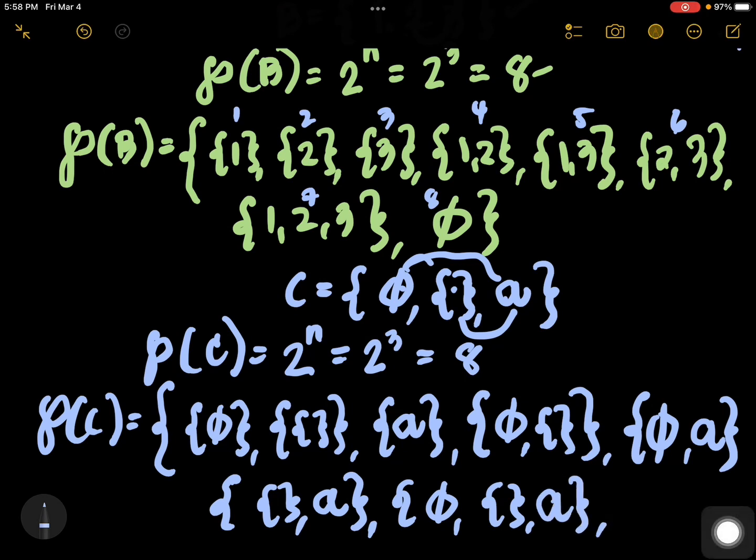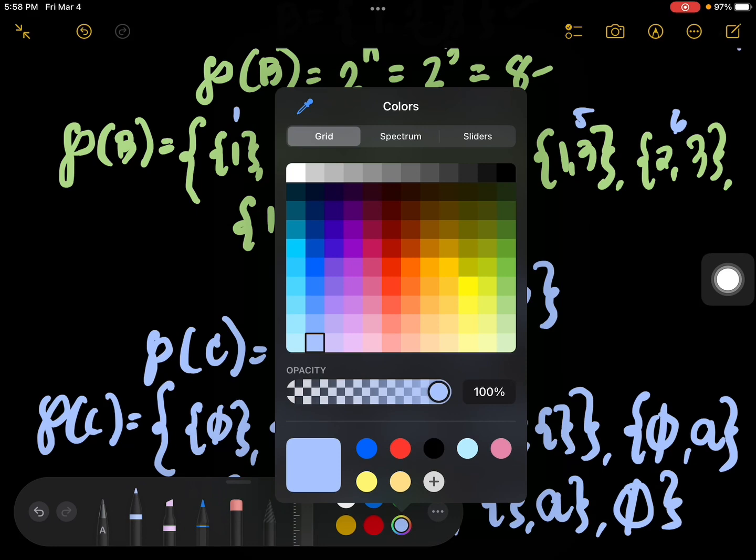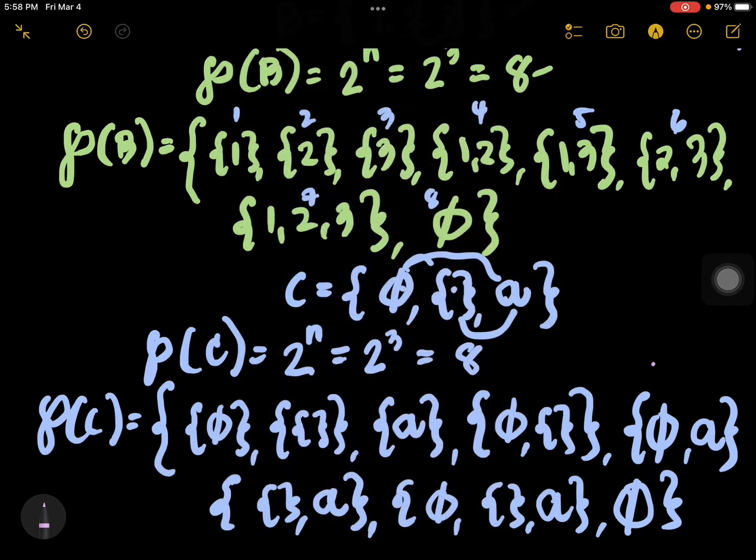Okay, and then the last one is our null set. So let's try to count how many. So we have 1, 2, 3, 4, 5, 6, 7, 8. Very good. So you have already listed all the elements, and these elements are the subsets of the given set C.